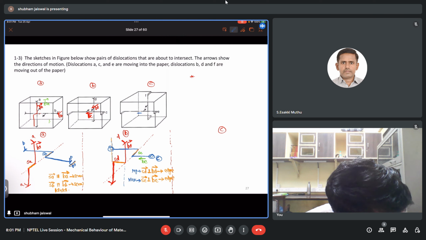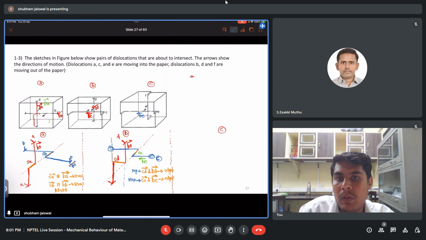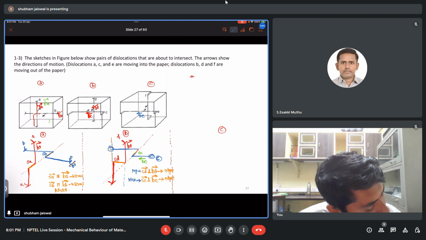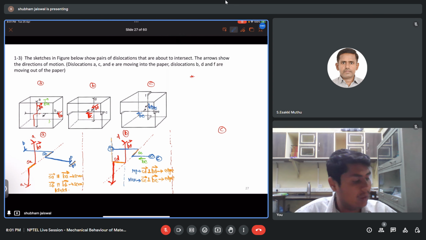So this will be the direction of Burgers vector of E, and F is moving out of the paper. So this will be the direction of Burgers vector of F. Okay. So now both are screw dislocations.